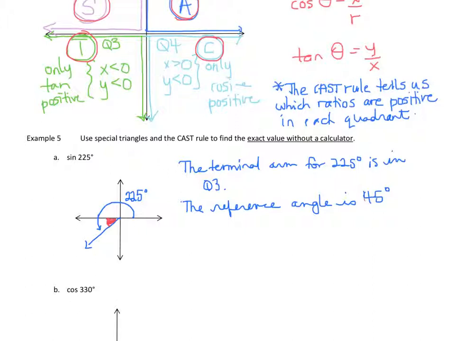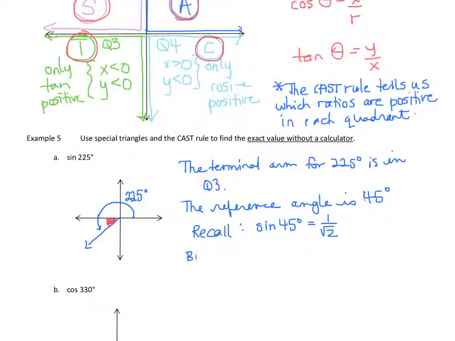Well, that's important because related angles have the same trig ratios, except the sign may be different depending on which quadrant we're working in. So let's remember from our special triangles that the exact value for sine 45 degrees is 1 over root 2.